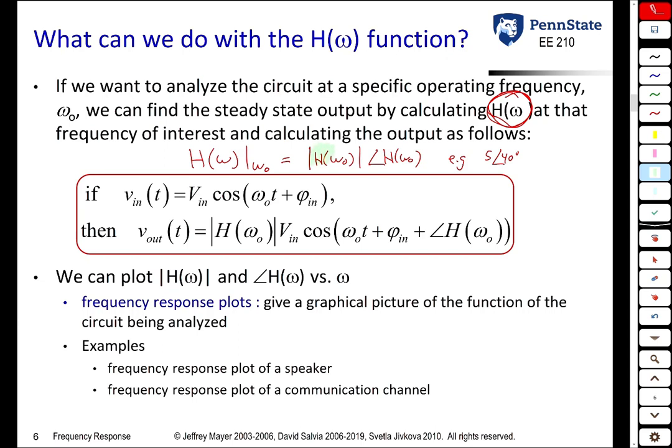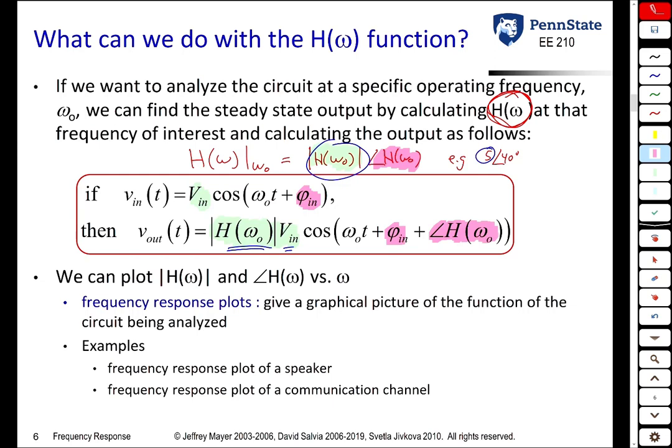So for example, maybe you have 5 and an angle of 40 degrees. What this tells us is what we need to multiply the input amplitude by to get the output amplitude. So if the input is V in cosine omega naught t plus phi in, the output magnitude is equal to the input magnitude multiplied by this number here. How about the phase term? The phase term tells us what we need to add to the input phase to get the output phase.